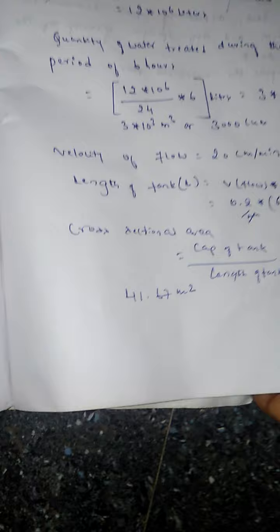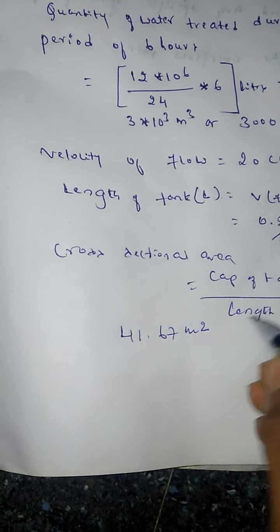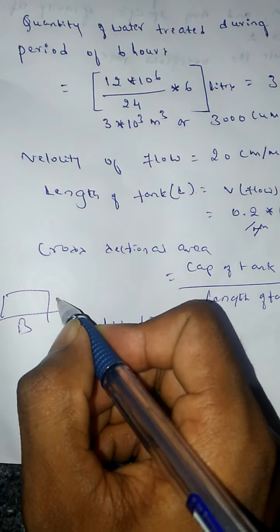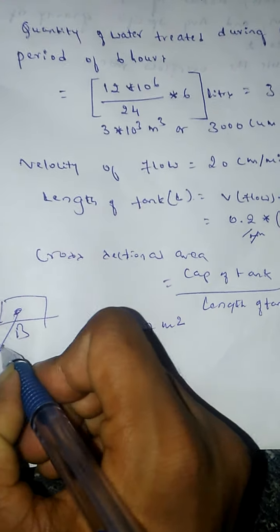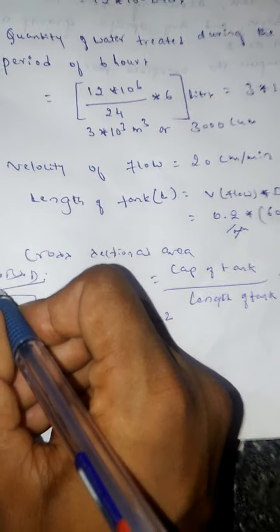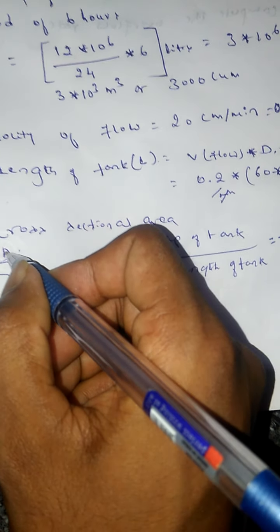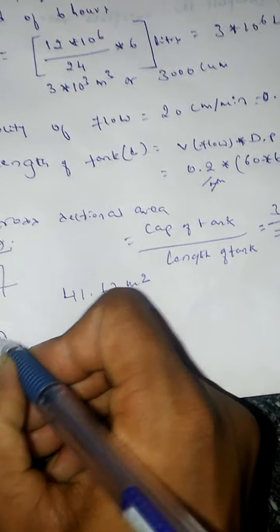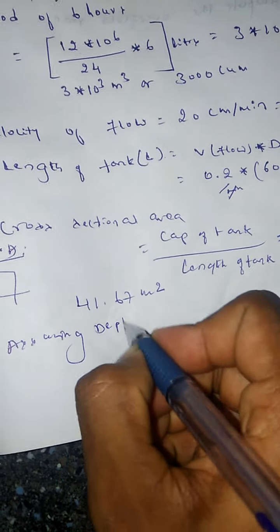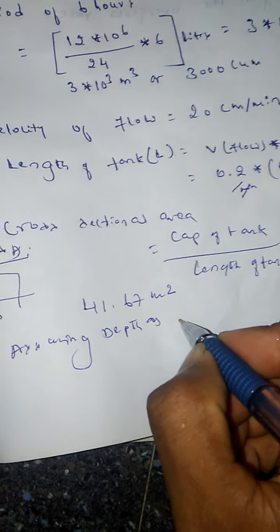So here one thing is there, we are assuming. A tank means length, breadth and depth will be there, so L, B, D should be there. We have L, we didn't get the breadth, we need to find the depth. We are assuming depth as 4 meter.